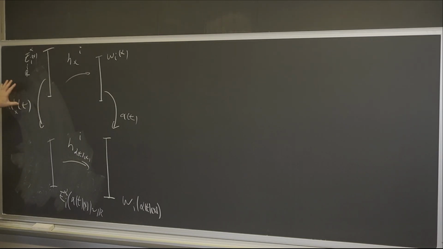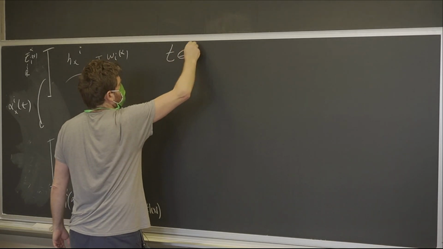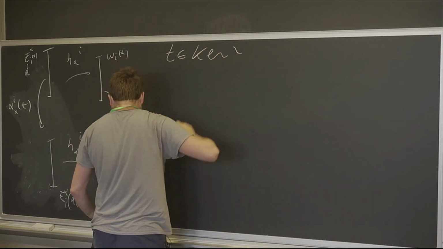And all this discussion is about how to bound this from above and from below with some sort of uniformity. Of course, we are taking t in the kernel of chi_i.